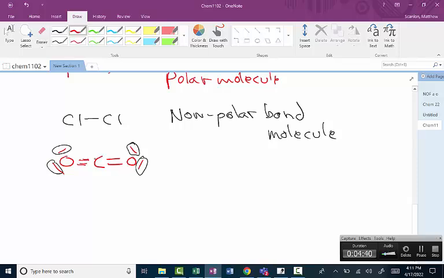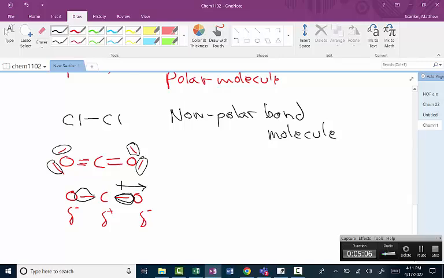So when we look at this one, and I'll draw it like this so we can think about it, we have a partial negative, partial positive, and partial negative because oxygen is more electronegative than carbon. This means we pull electron density this way and we pull it this way. We have pull in both directions.